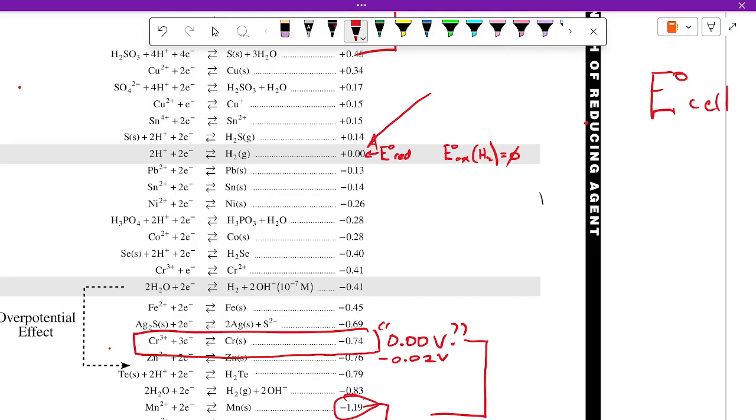The difference is 0.45. And so this would be negative 0.45 volts. Does that make sense? Okay. So not much to that.